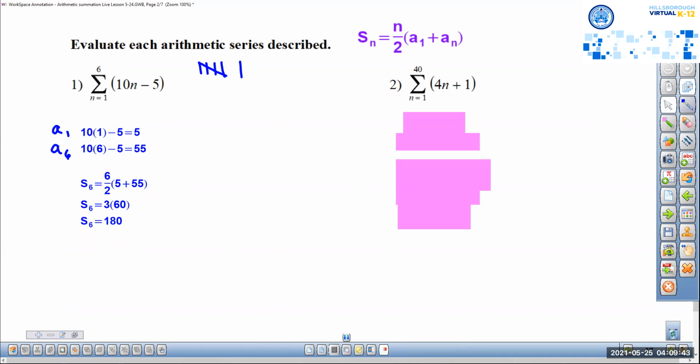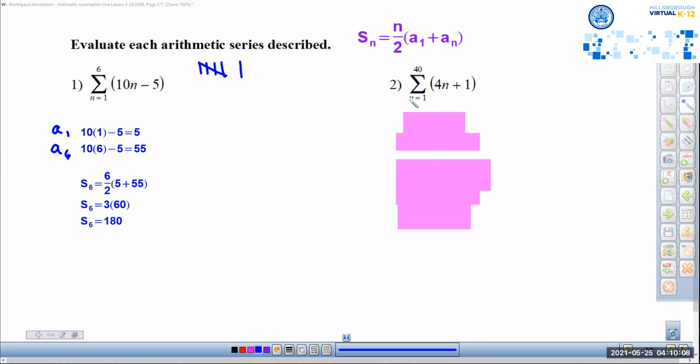That is a lot easier than finding when n is 1, n is 2, n is 3, n is 4, n is 5, n is 6, and then adding them all up. Because would you want to do that with 1 to 40? It wouldn't be too bad with n equals 6, but I wouldn't want to do n equals 40.